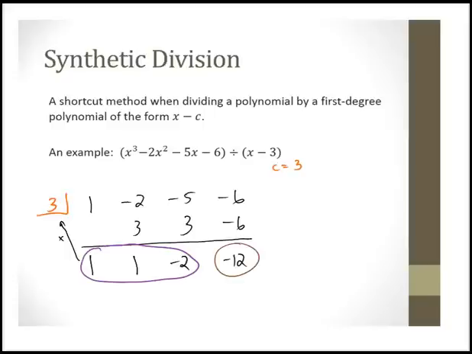So what this tells me overall is that x cubed minus 2x squared minus 5x minus 6 divided by x minus 3 is the same as 1x squared plus 1x minus 2. Now I have the remainder, minus 12 over x minus 3.